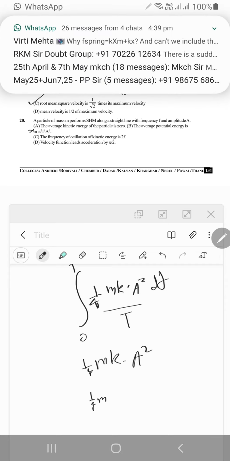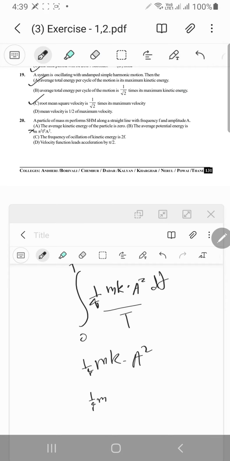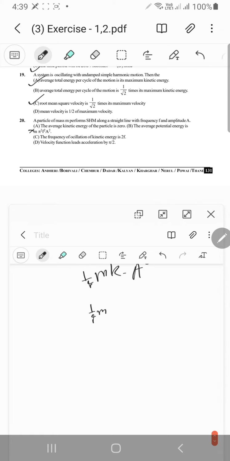The frequency of oscillation of kinetic energy is 2f. What? Okay, is 2f. I mean, yeah, so it's periodic. The curve for the kinetic energy is periodic.